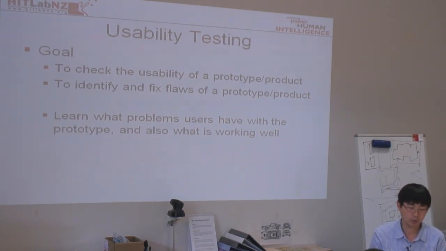And the purpose of this usability testing is to identify and fix the flaws of your product, of course. But it's less about discovering new knowledge, which is more of a focus of the academic field of HCI research. So we'll talk all about the difference between usability testing and HCI research later on, but maybe we'll go into a little bit more detail about how usability testing is done and so forth.